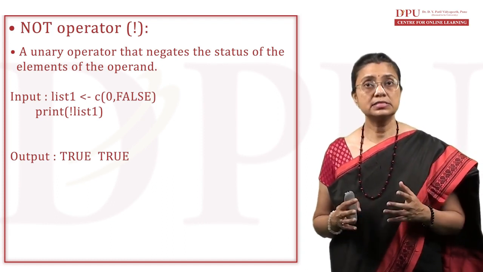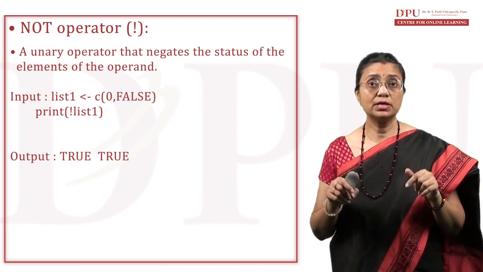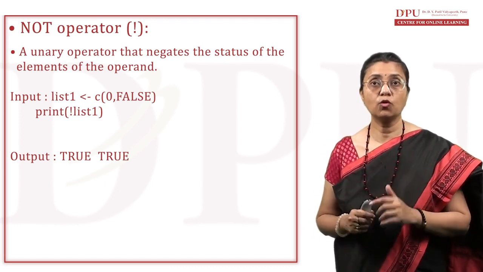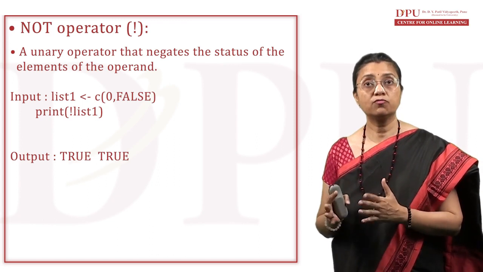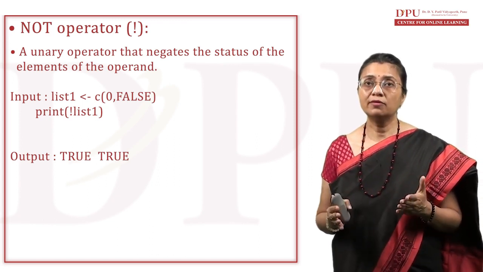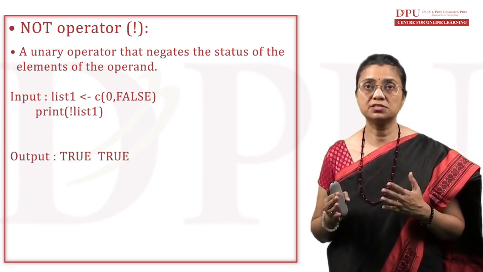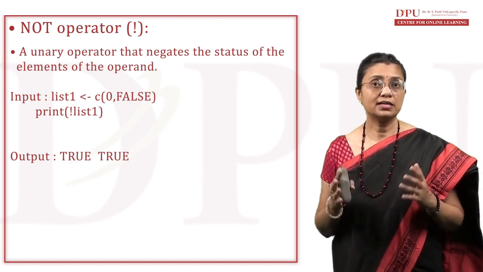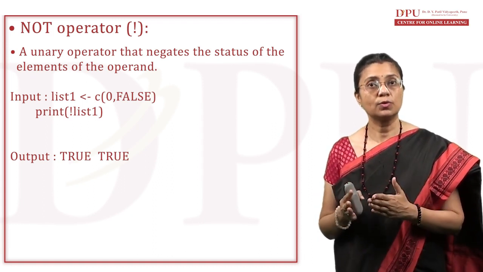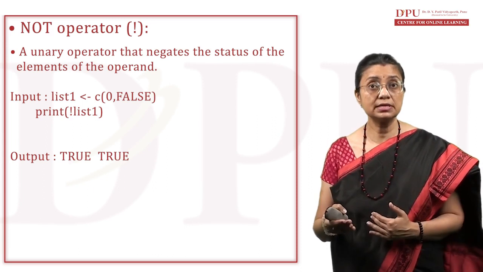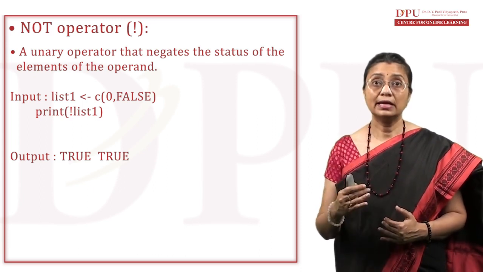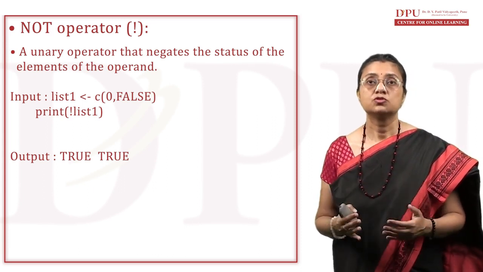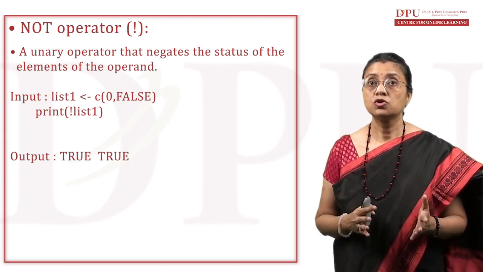Here, list 1 is equal to the c function, within brackets we pass 0, false, which means both the values in my vector are 0 and 0. Now if I write print not list 1, I'm reversing the values of my list, which is false. So the output becomes true, true.